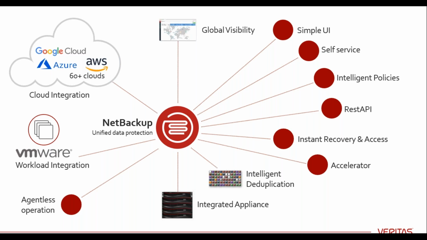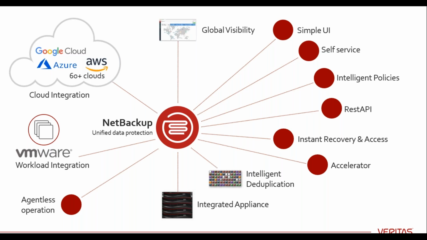Starting in 2010, we also introduced a line of backup appliances. So in addition to NetBackup software, which customers use to build their own, you can also choose our integrated appliances. And specific to VMware, operating without agents is a huge benefit on a day-to-day basis. So I talked earlier about having an option for low maintenance infrastructure as a way to cut costs.